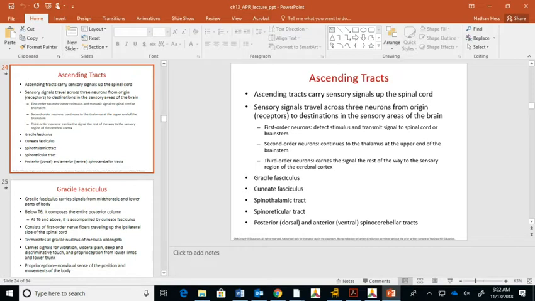Here in this study guide, it talks about the fact that some of the tracts undergo decussation, which again is just crossing over from one side to the other. That's why if I have a brain injury on the left side of my brain, it's the right side of my body that's affected, because of this crossing over of these spinal tracts.